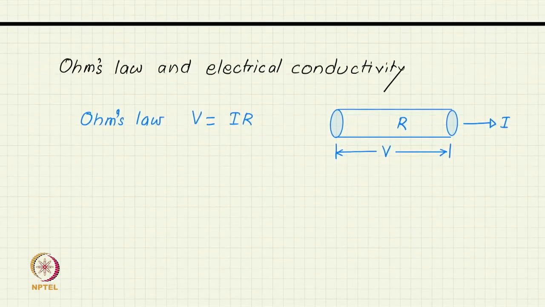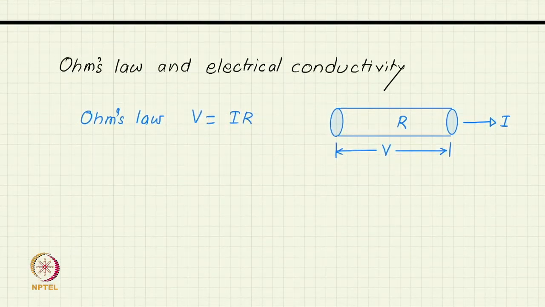Let us begin with a simple physical property with which we are all familiar, and that is electrical conductivity. Electrical conductivity has a connection with Ohm's law, from which it is defined.